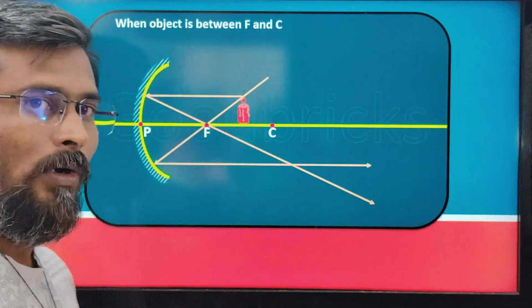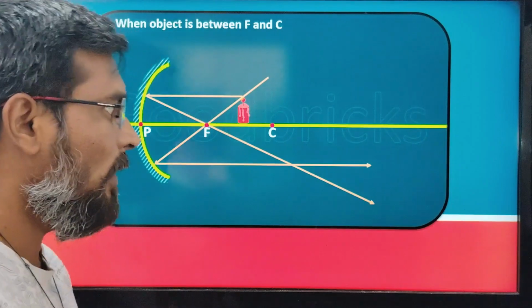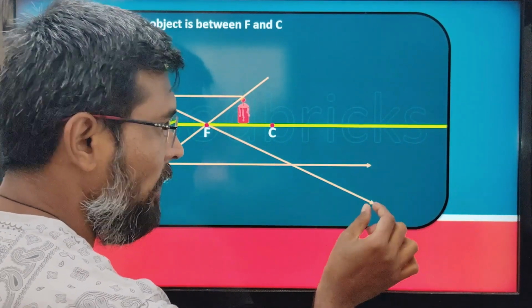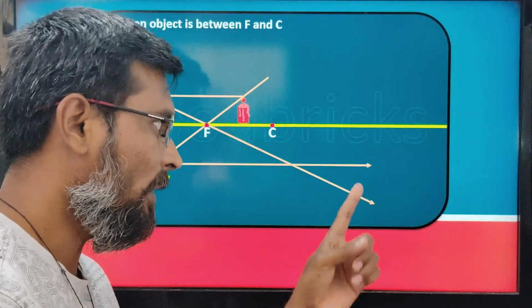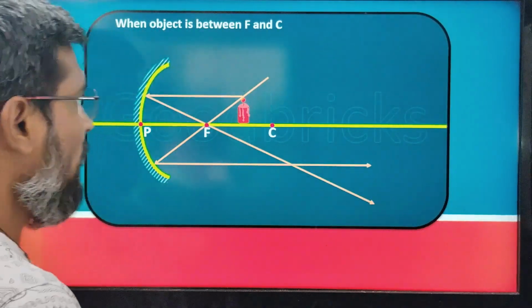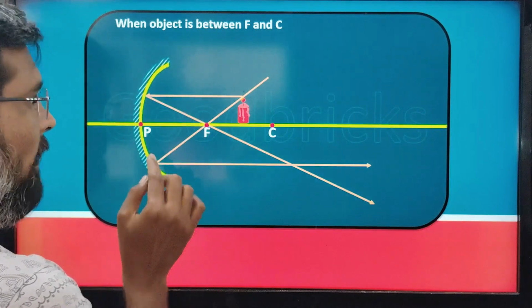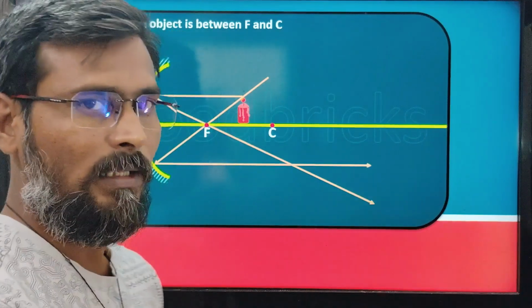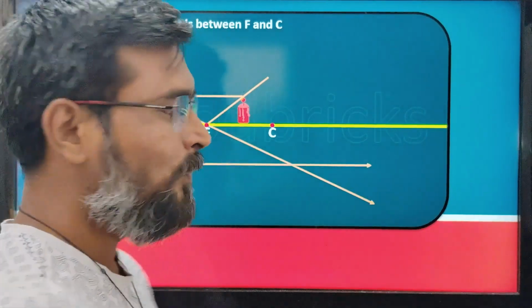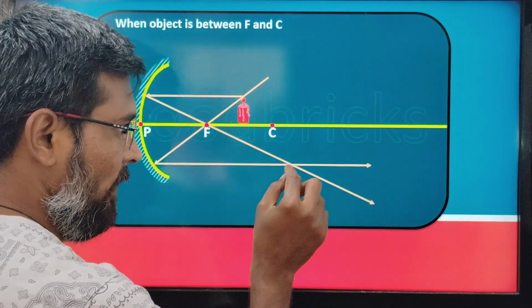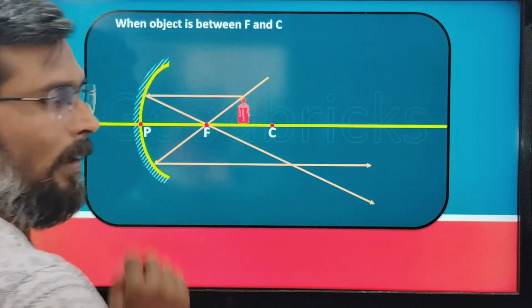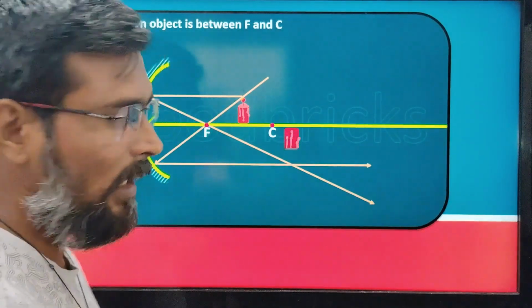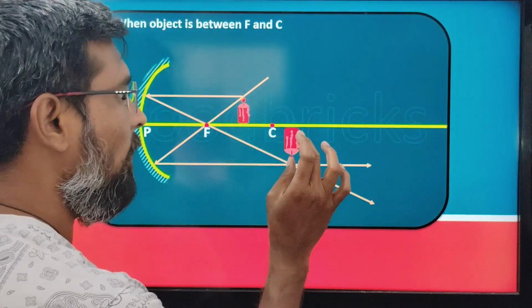Now we have 2 reflected rays. So these arrows will help us tell whether it is an incident ray or a reflected ray. If the arrow is this side, then they are incident rays. If the arrow mark is this side, then they are reflected rays, and these are the 2 reflected rays which are converging here. So the image will be formed here. An inverted image of this object will be formed here.